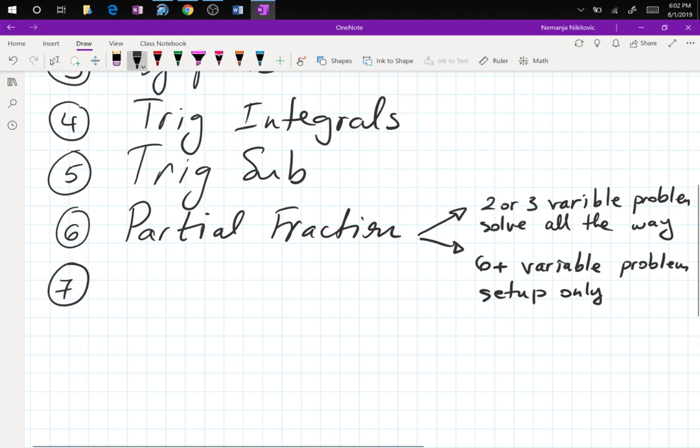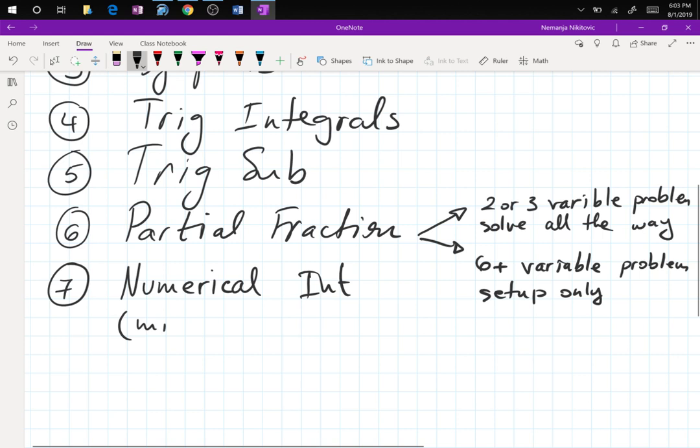Number 7, remember that we are skipping the other integration technique, which is the one that uses the integration table, which I can give you for the test, obviously. So we're skipping that one. But we can do the numerical integration. That one has the 3, right?